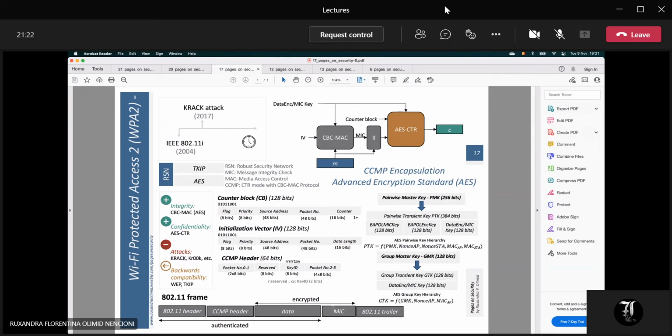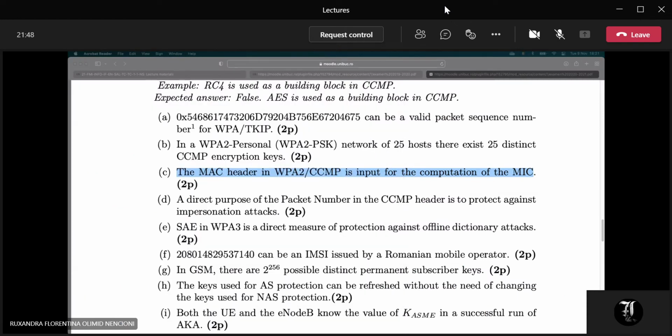So what is the MIC computed on? It is even the header. So basically everything, including the header, is authenticated, the MIC is computed over it, and then this message integrity code together with the data is further encrypted. So it's true. Here we can only say it's true.